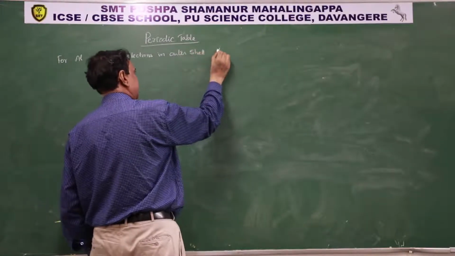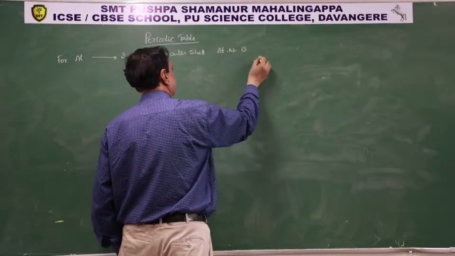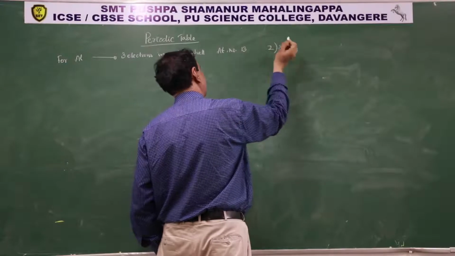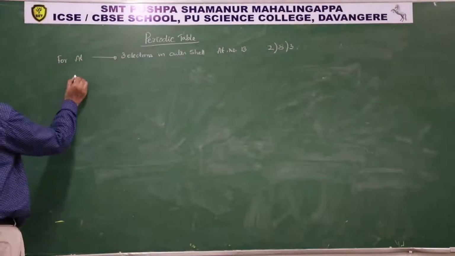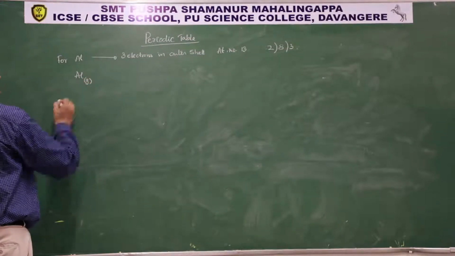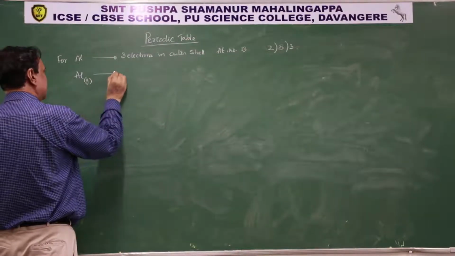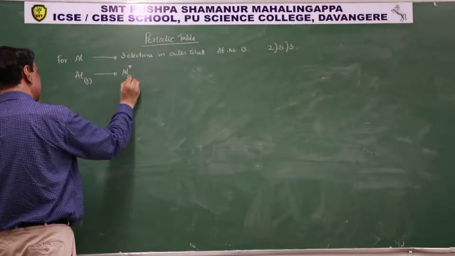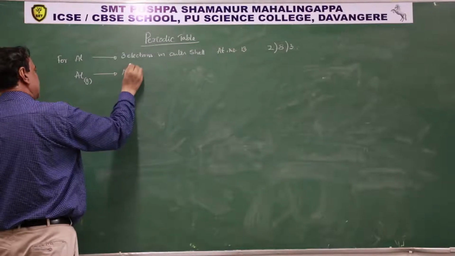That is atomic number 13. It can be rewritten as 2,8,3. Therefore, aluminium having 13 electrons, it is in the form of the gaseous state. To remove the first electron, then Al plus.